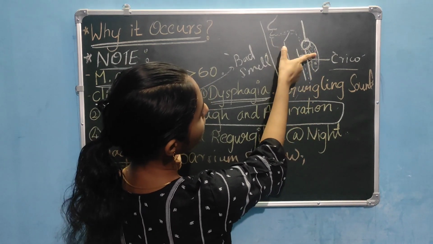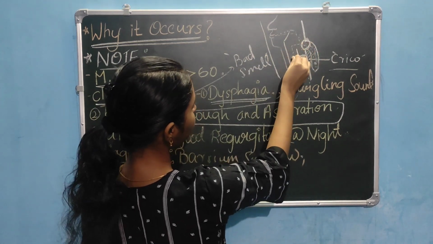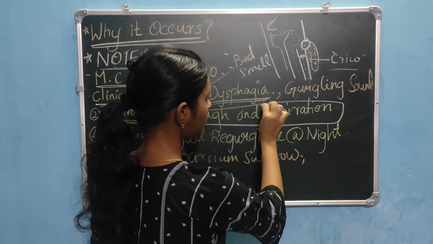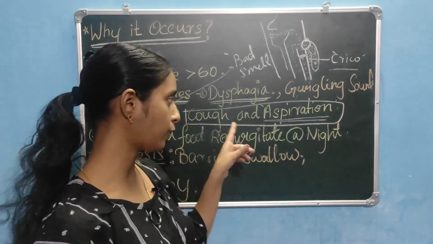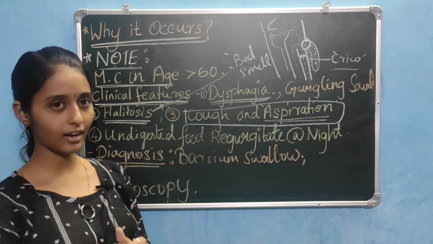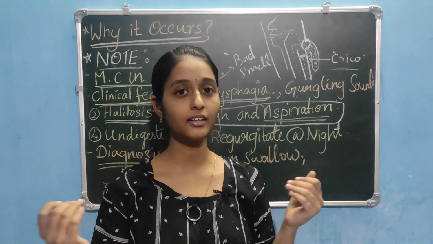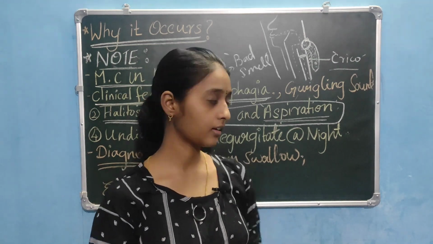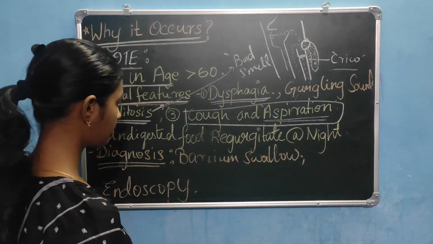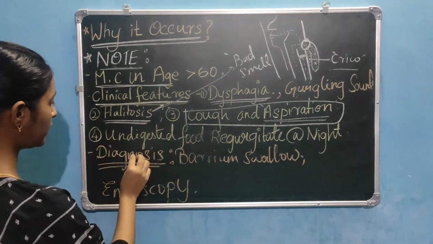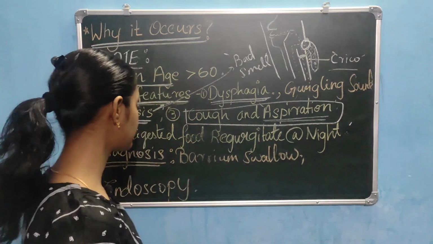Sometimes the food from here enters into the trachea, and it leads to aspiration and continuous coughing. So cough and aspiration occur as the food enters the trachea, and it also penetrates to the lung. Then undigested food regurgitates at night. This also leads to undigested food regurgitating at night.